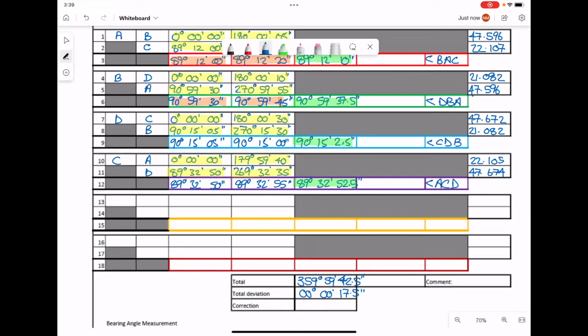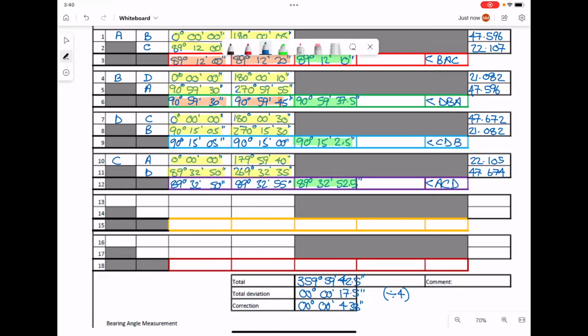In our measurements, we're going to take the total deviation and divide that by 4 because we have 4 stations. The correction that we would apply to each of the stations will be 0, 0, 17.5 divided by 4, which will be 0 degrees, 0 minutes, 4.38 seconds.